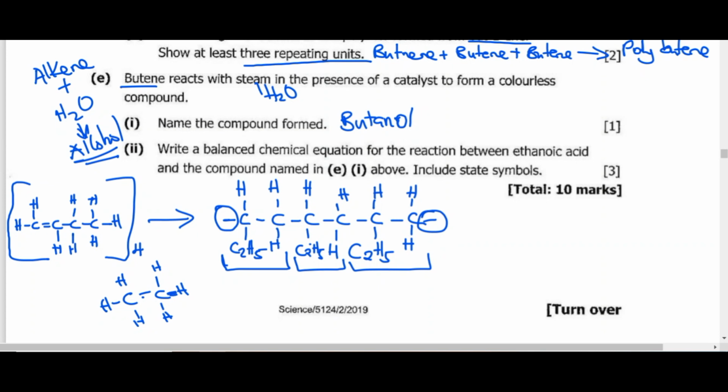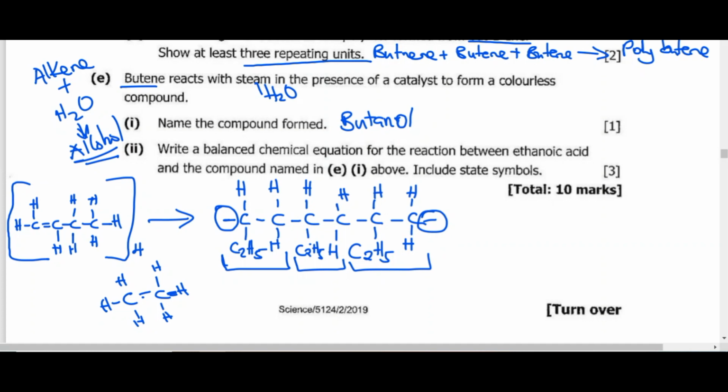Now write a balanced chemical equation for the reaction between ethanoic acid and the compound named in E above, including state symbols. So we have to include the state symbols.